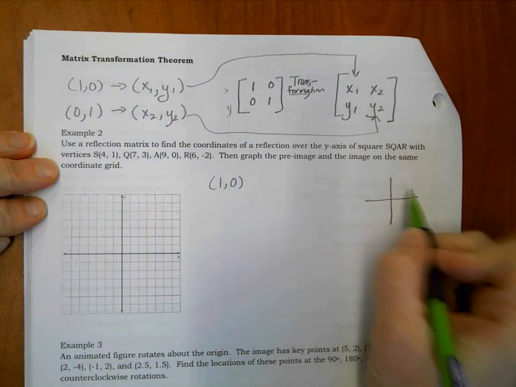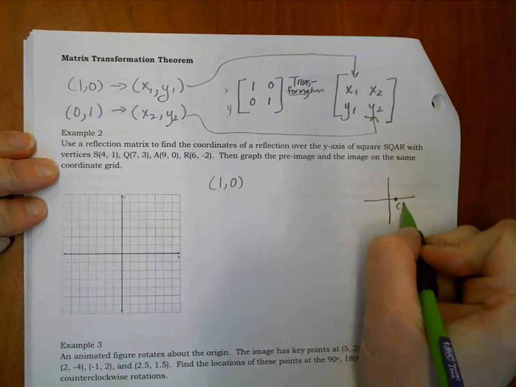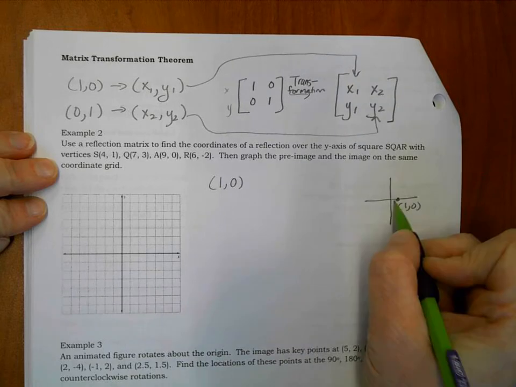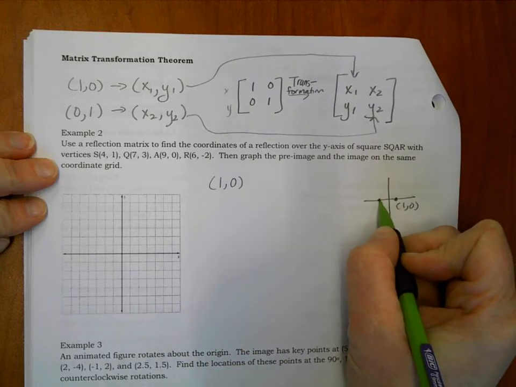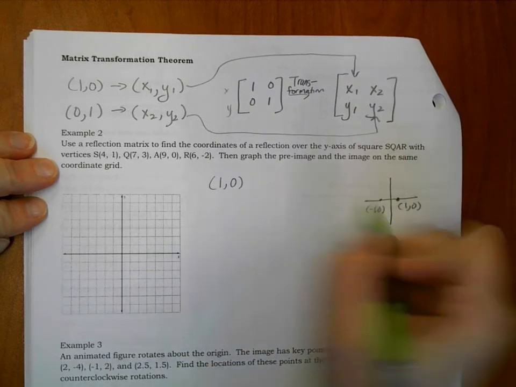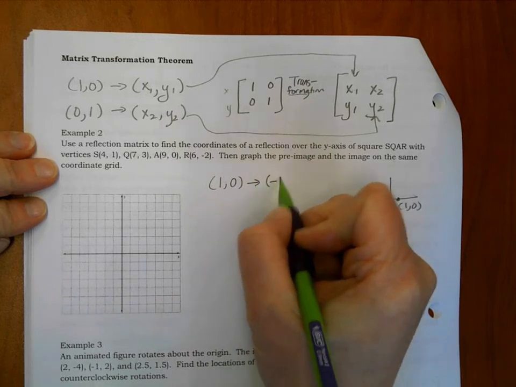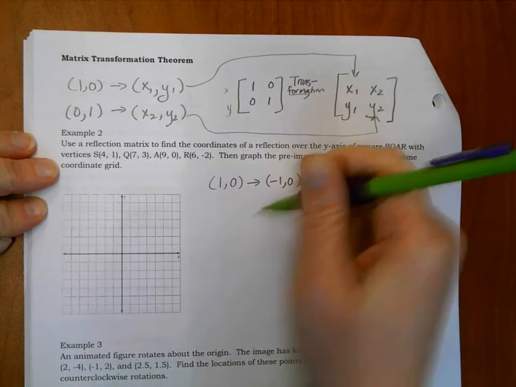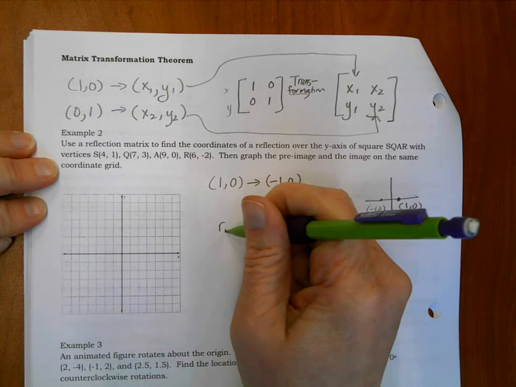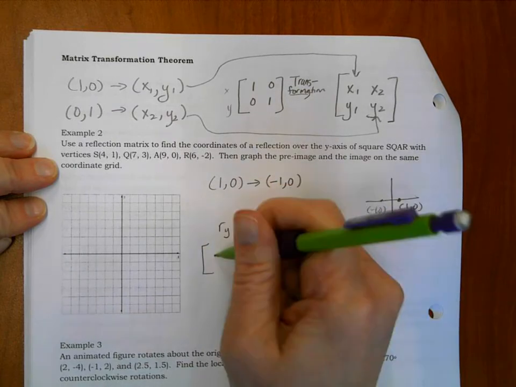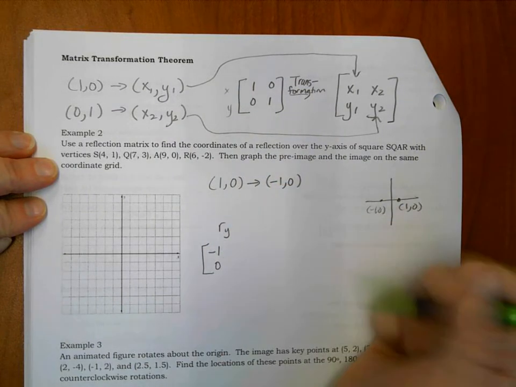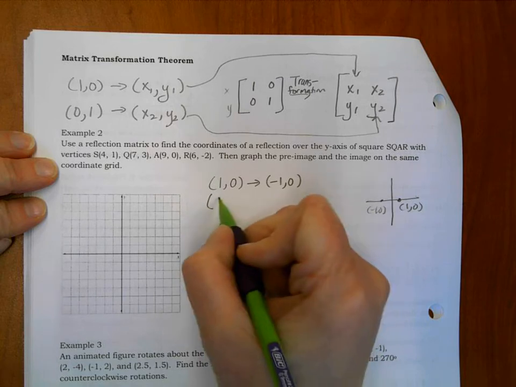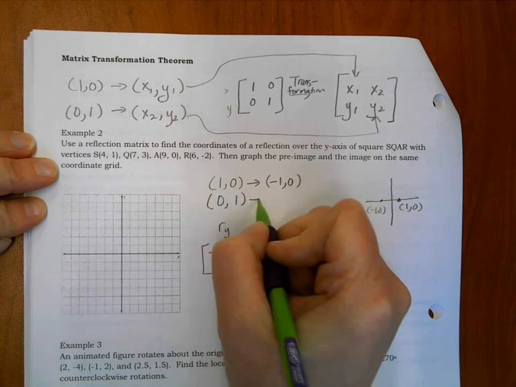Okay, so if I take the point 1, 0, and I reflect it over the y-axis, it lands over here at negative 1, 0. So this becomes negative 1, 0. When I go to do my matrix for a reflection over the y-axis, that's going to become my first column. Then I'm going to figure out what happens to the point 0, 1 when I reflect that over the y-axis.